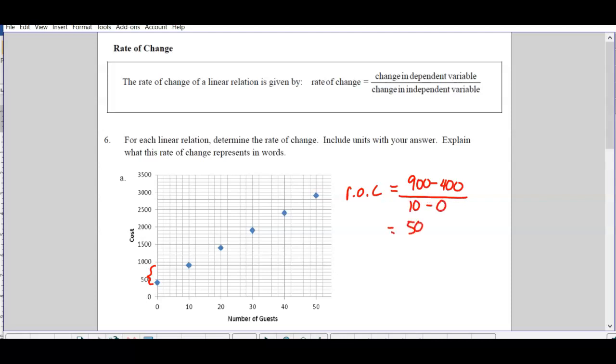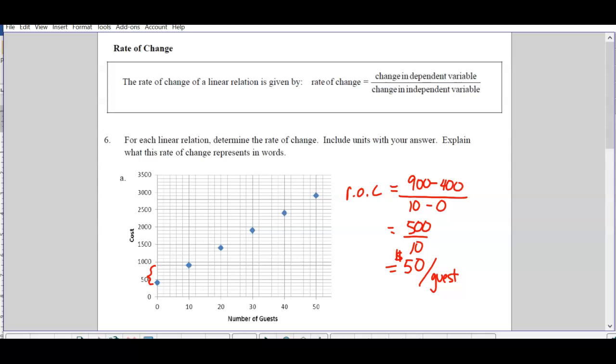So that's really 500 over 10, which is 50. Now what are the units? That would be cost per guest. That means for each guest, it costs $50.